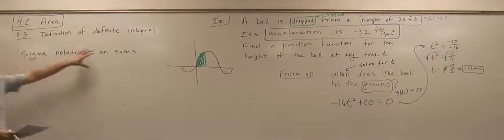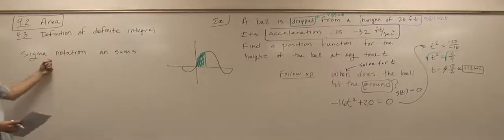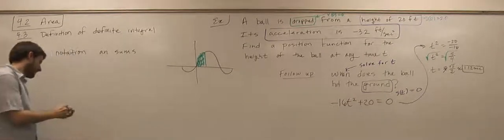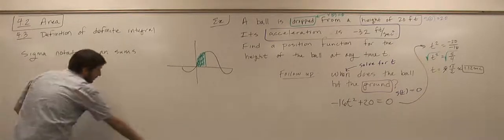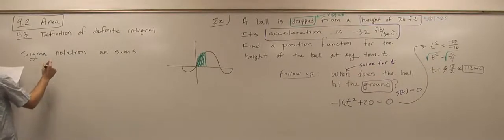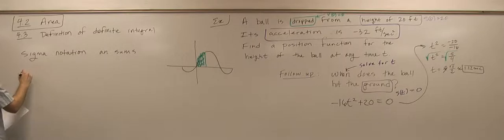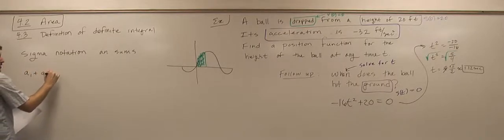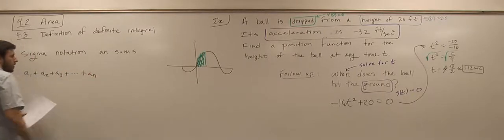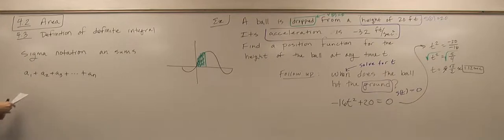So if we're going to be summing up a bunch of areas, we want to have a nice notation for our sums. That's what we have to go through. So this is kind of an idea here, a compact notation to sum up n numbers. So suppose I just want to sum up n random numbers that I pick.